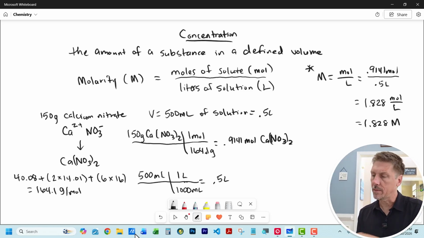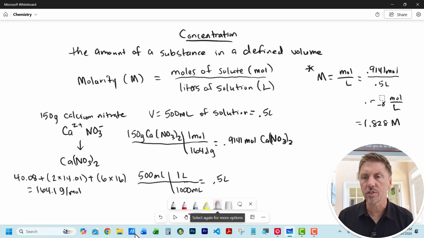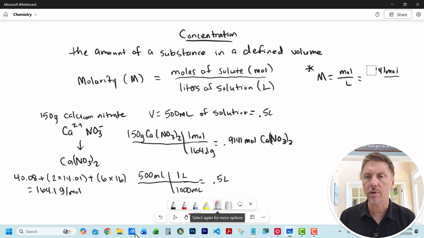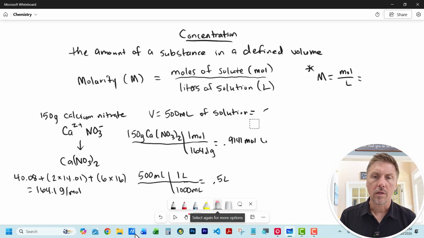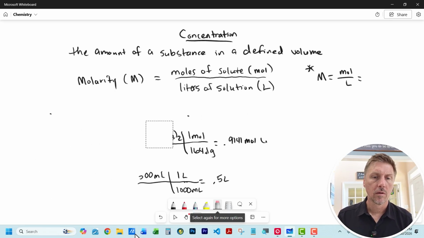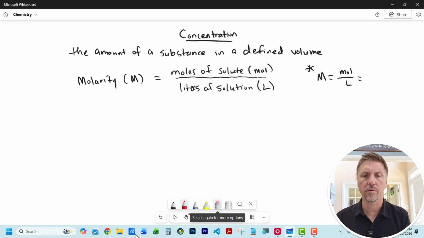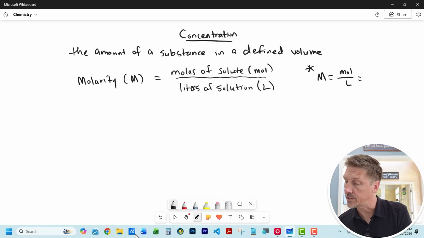Okay, let's do one more example. Example 9.3 will give us an opportunity to use this equation one more time just to make sure we're understanding that. So let me erase all of this. Our second problem may sound a little harder when we read it, but it's actually easier.